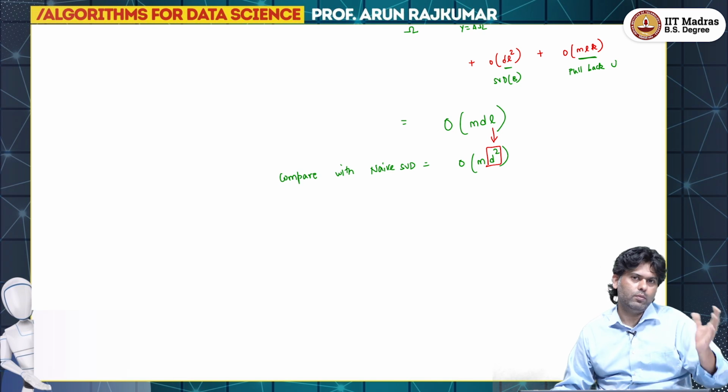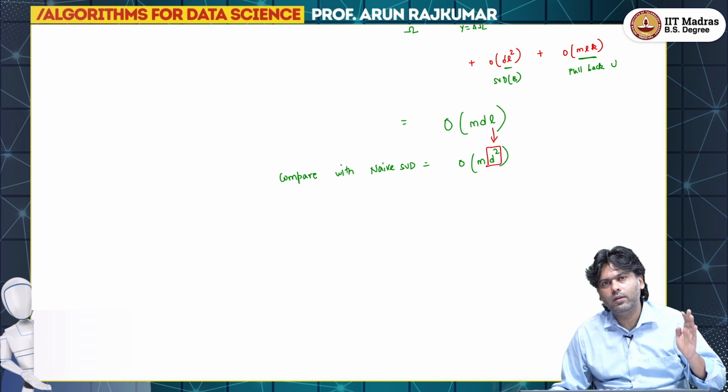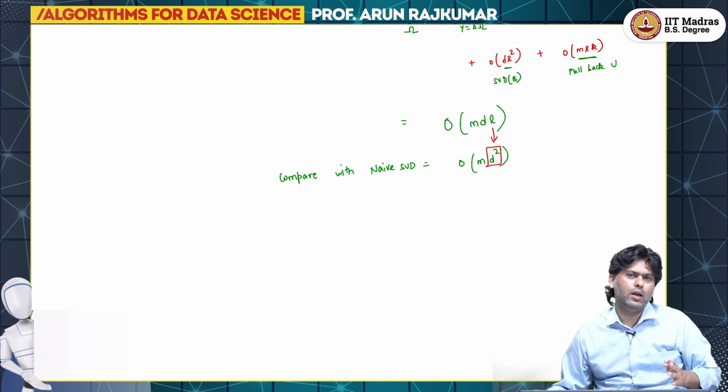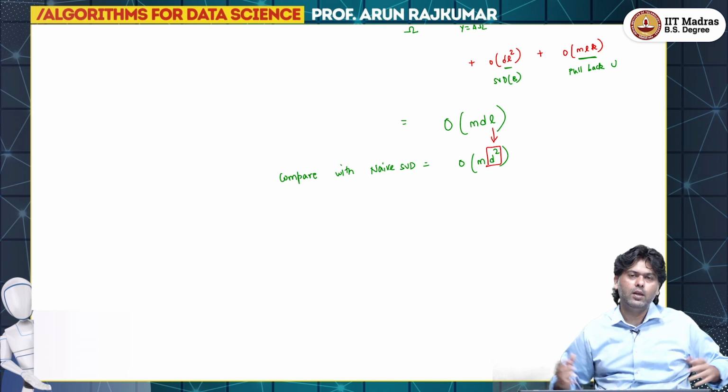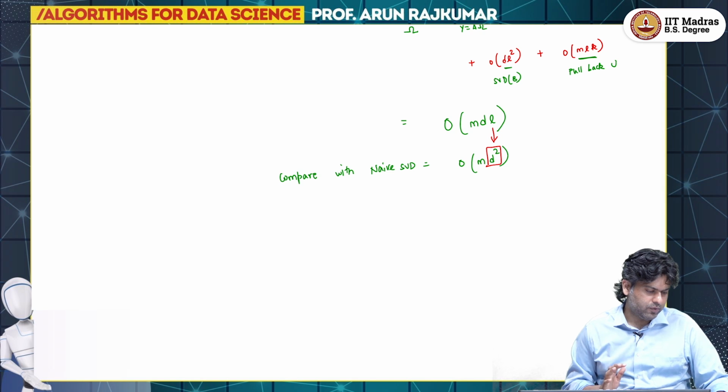So the whole discussion of this course is to run things faster at scale. And at no point in this whole discussion have we done an SVD of an m cross d matrix, right? So it's always about the smaller matrices, the sketches and things like that. So that's where the saving comes from, right?